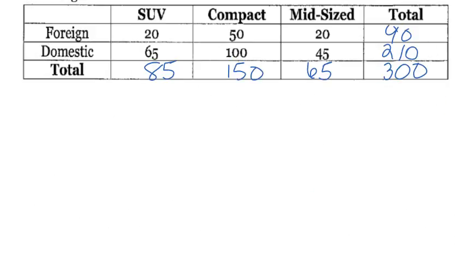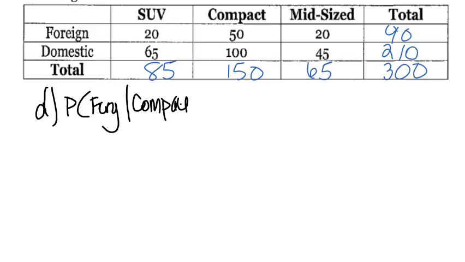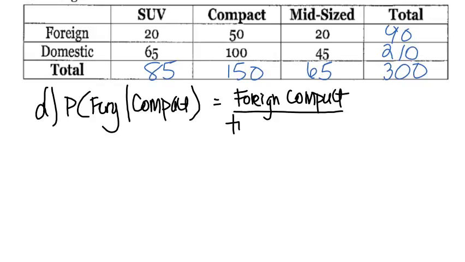And let's see our final one, D. The probability that it is a foreign car given that it was a compact. So we are looking for our foreign compacts, remember that's the "and," they're both, over the total compacts.